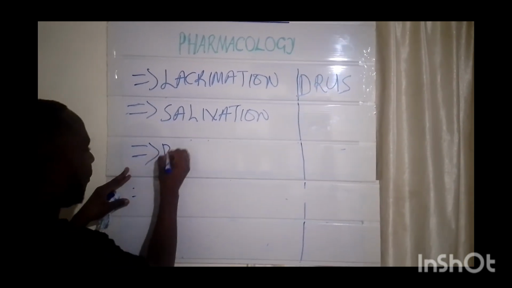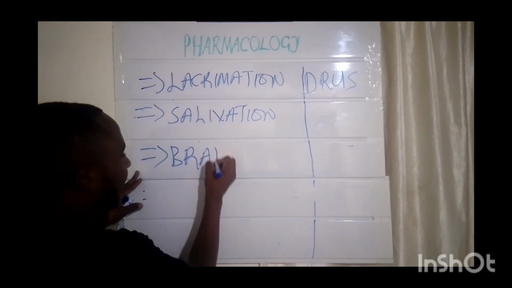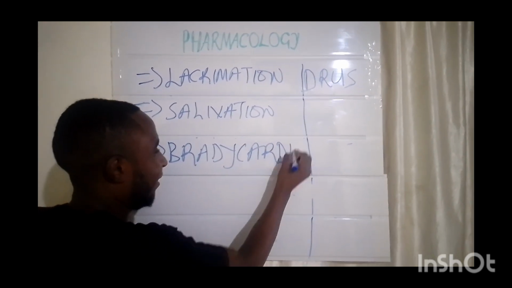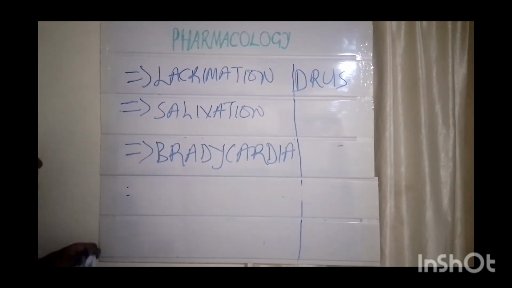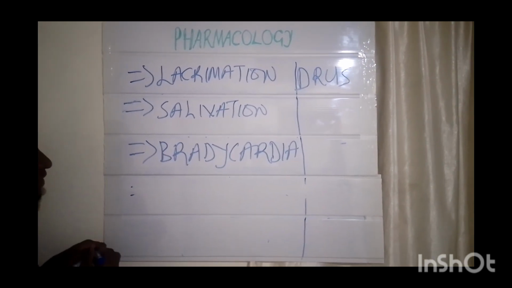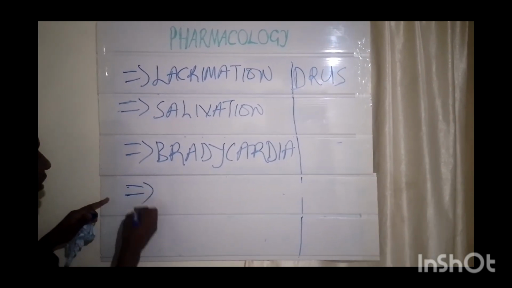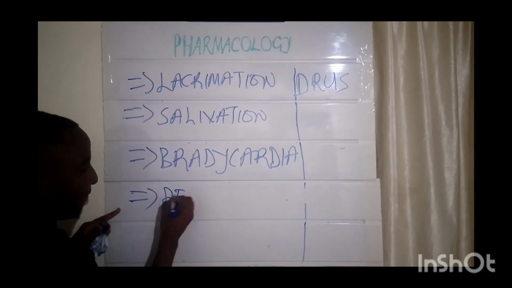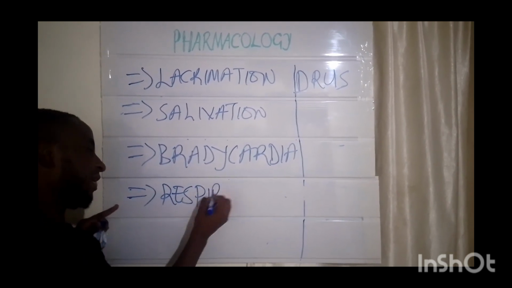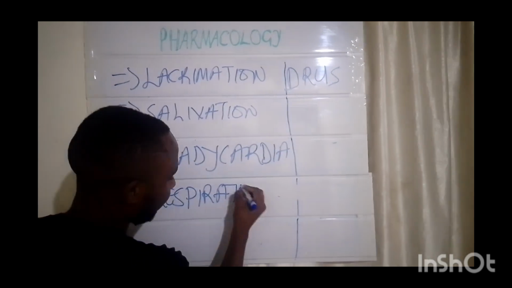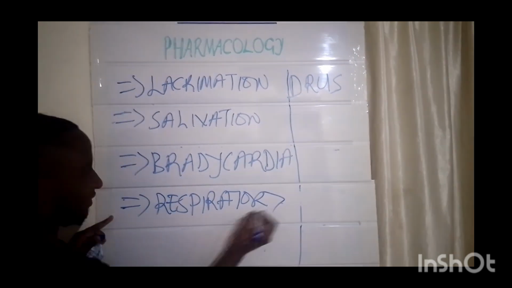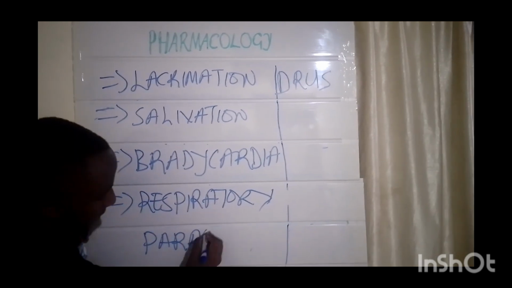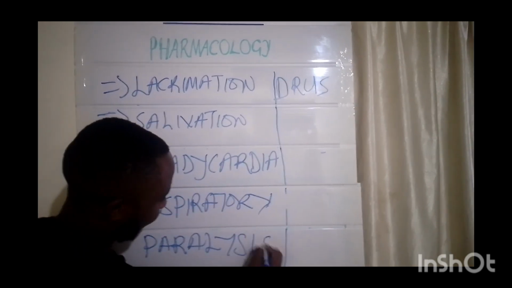You have bradycardia. Slow heart rate. The heart rate decreases. What else did we talk about? We talked about respiratory paralysis. This is what we talked about.